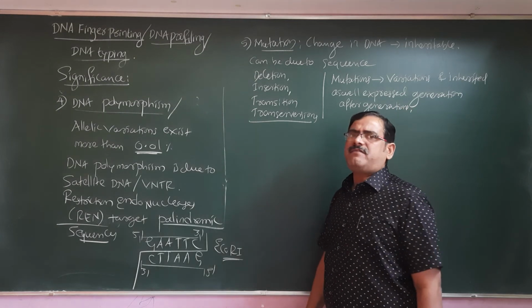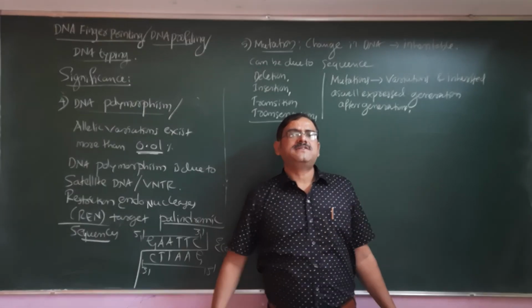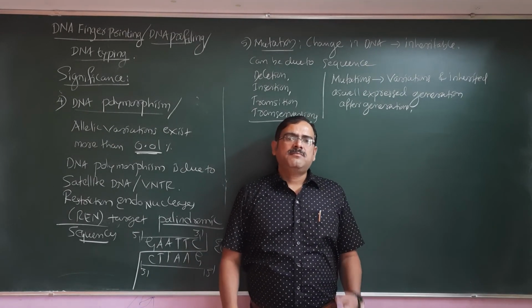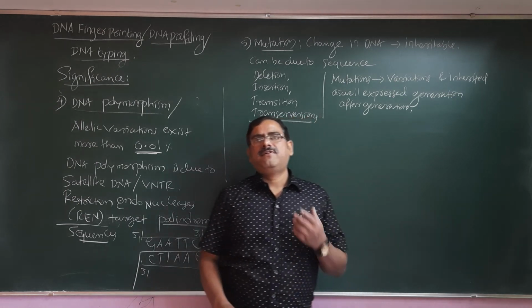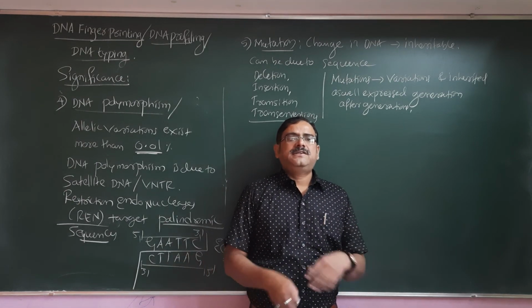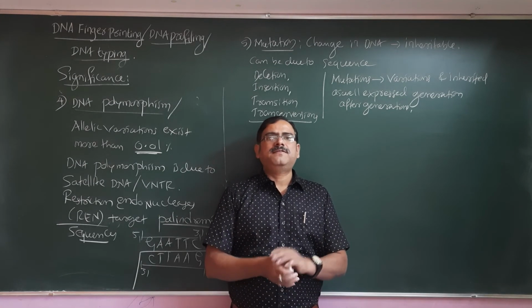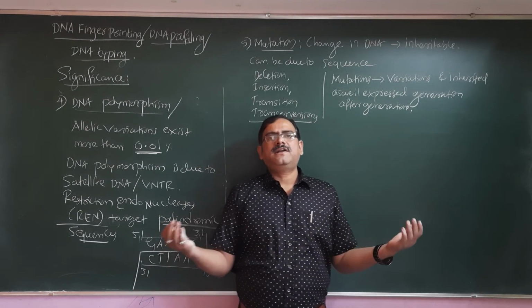There may be a number of reasons. We have studied mutagens also: physical, chemical as well as biological mutagens. But when the cell is dividing and copying its DNA, there is a high chance of unwanted deletion and unwanted insertion.